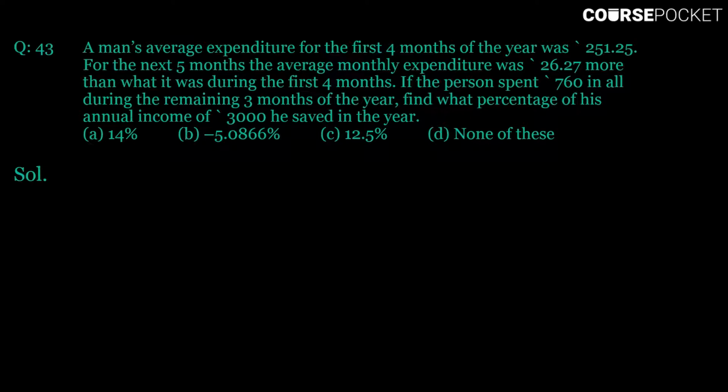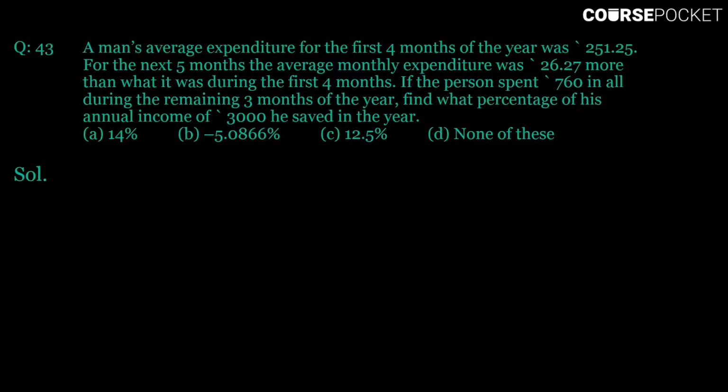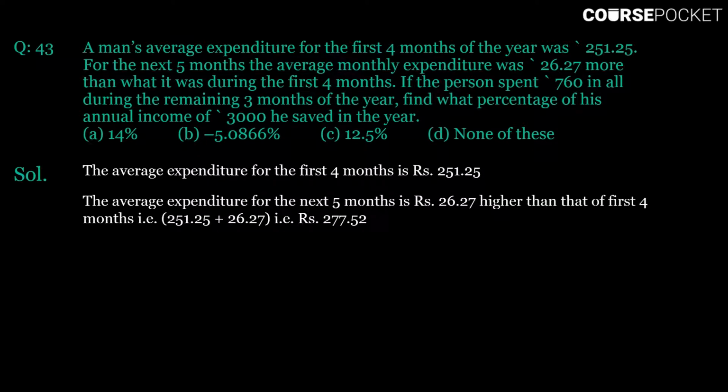So, our aim is to find the savings of the person. For that, we have to first calculate the expenditure of this man during the whole year. As we know, the income of the man being rupees 3000. It is given the average expenditure for the first 4 months is rupees 251.25.